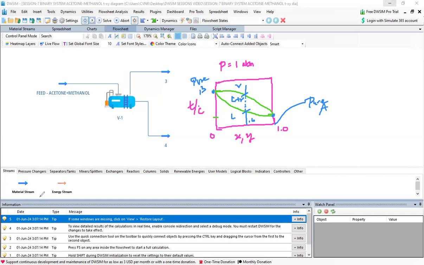This particular portion is bubble point temperature, and this particular portion is dew point temperature. So this is the behavior of a system if the mixture in which the components are chosen is behaving ideal, then this would be the diagram.